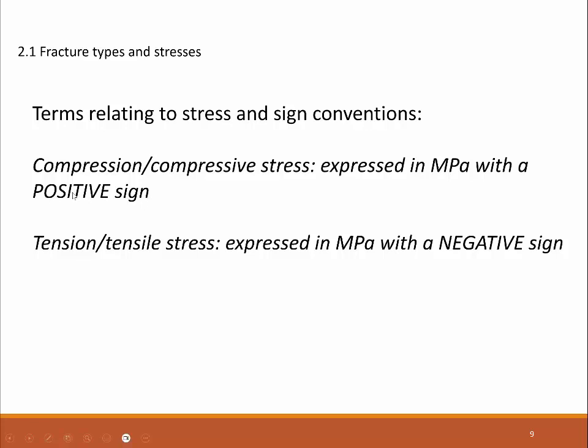This is convention, because tensile stresses are also expressed in megapascals, but they are given a negative sign. So if we are talking about stresses that pull outwards, we would give these stresses a negative sign. Everything that pushes material together is a compressive stress with a positive sign.